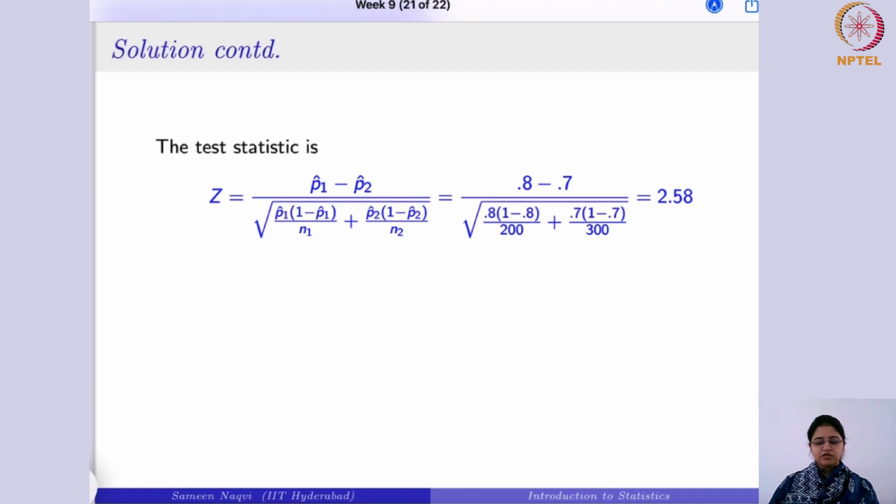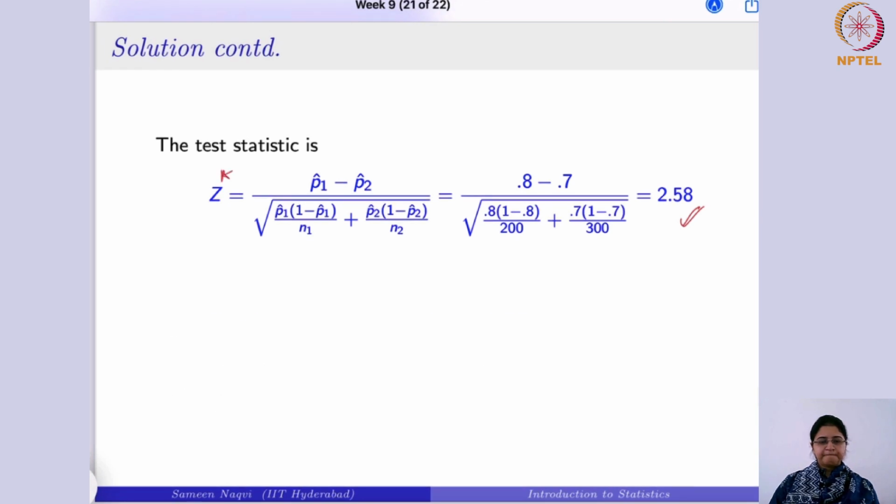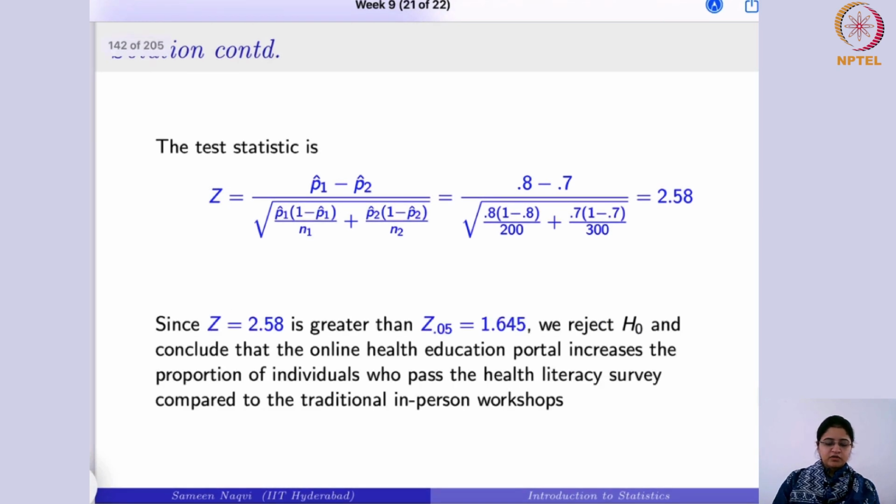You will substitute the values of P1 hat and P2 hat, N1 and N2, and what you get is approximately 2.58. Since your test statistic value, 2.58, is greater than your critical value, 1.645, you reject the null hypothesis and conclude that the online health education portal increases the proportion of individuals who pass the health literacy survey. So P1 is actually greater than P2.